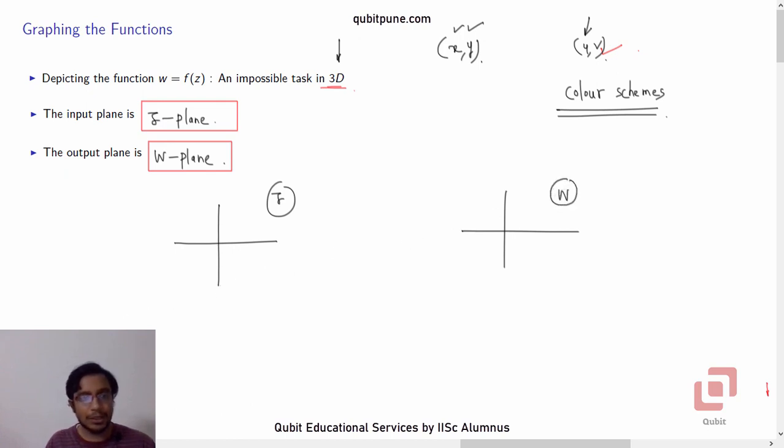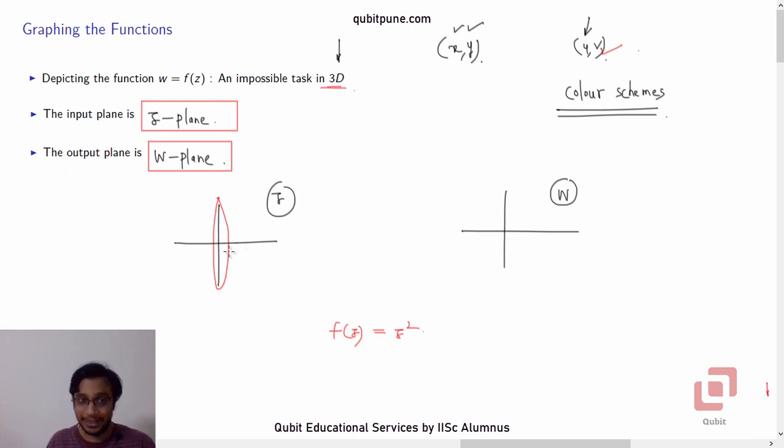For example, suppose we are studying the function z squared. The entire imaginary axis goes without saying will get mapped to the negative real axis, right?